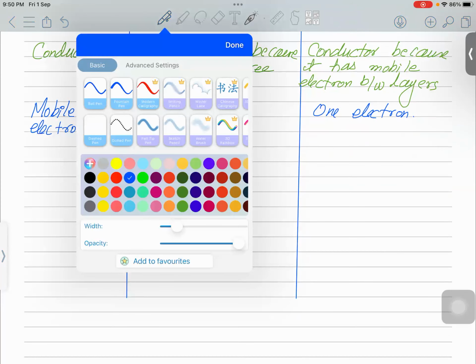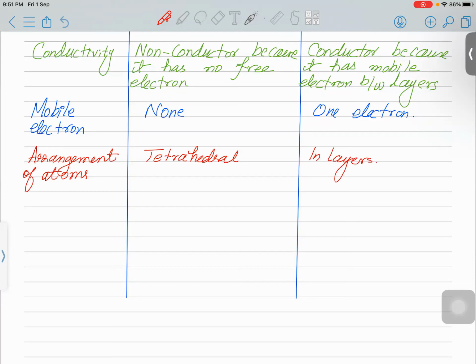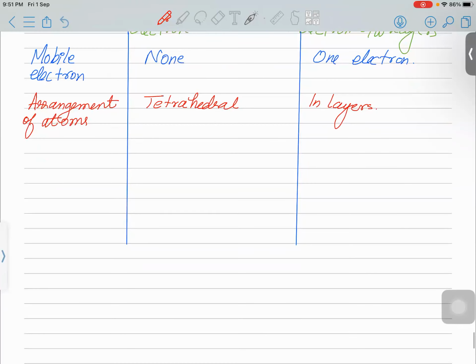Next is arrangement of atoms. Diamond is tetrahedral, while graphite is in layers. Last is uses.